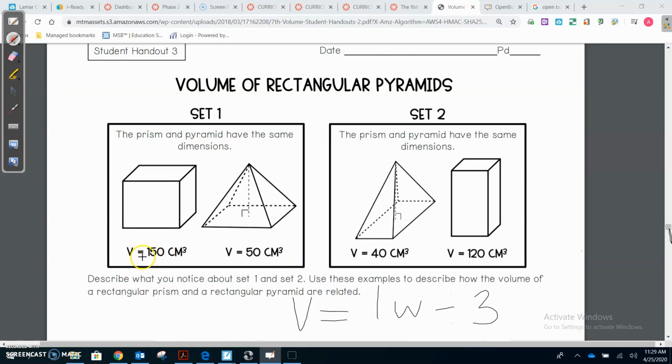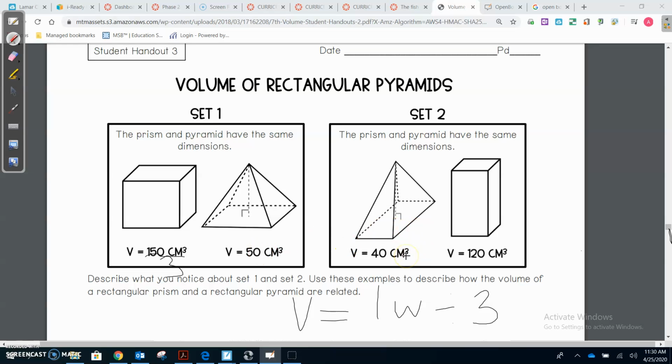So basically, they have just divided this by 3, which equals 50. So 150 divided by 3 equals 50. So basically, you're just taking a cube, dividing it in thirds, and then you get the size of the pyramid.